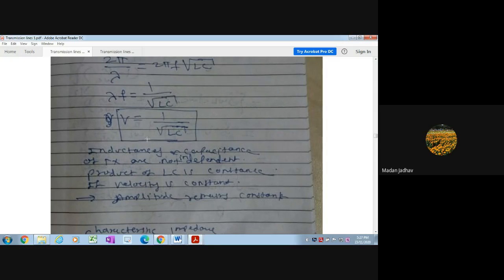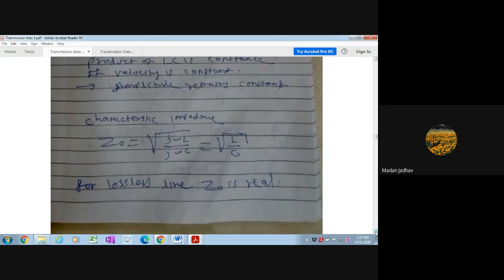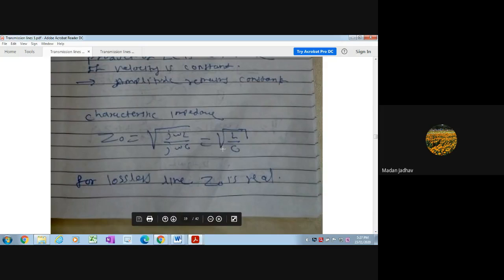From this equation you can understand V is independent of omega. Here the characteristic impedance for the lossless transmission line is under root of L by C only.